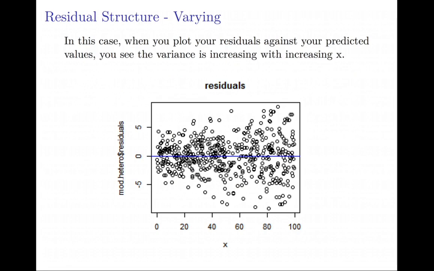And what that might look like is that when you plot your residuals against your predicted values, you might see that the variance is increasing with increasing x. So you can see something's going on here. Perhaps there are groups in your data that are causing you to have different variance.